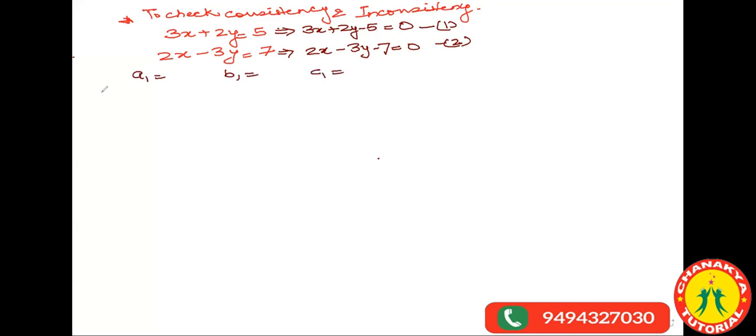A1 is 3, B1 is 2, and C1 is minus 5. Good. Now, Siddhishri, unmute yourself, beta, and tell me the values of A2, B2, and C2 from equation 2. Ma'am, A2 is 2. Good. And value of B2 is? Minus 3. Good. And C2 is? Minus 7. Very good, Siddhishri.